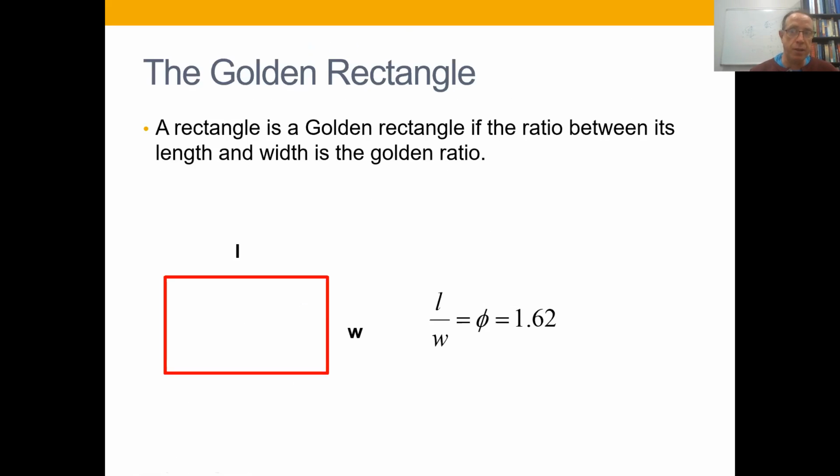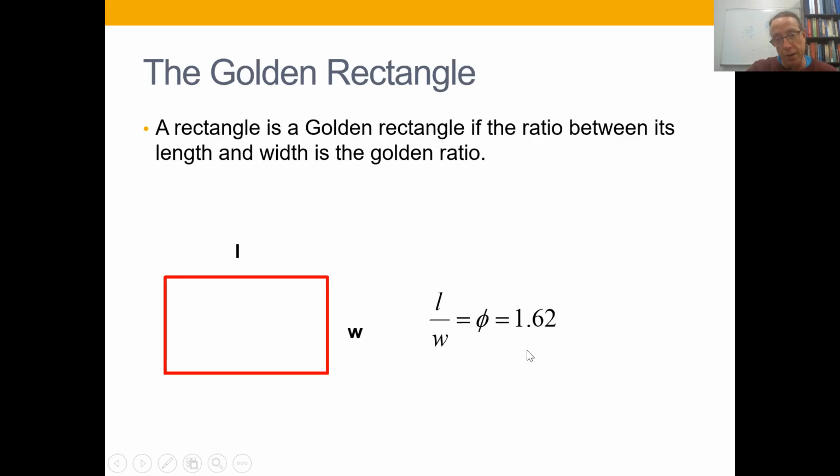So basically with the golden ratio, the first concept that comes out of that is what is called a golden rectangle. The idea is if you divide the length of the rectangle by the width of the rectangle, you will get the golden ratio, 1.62.